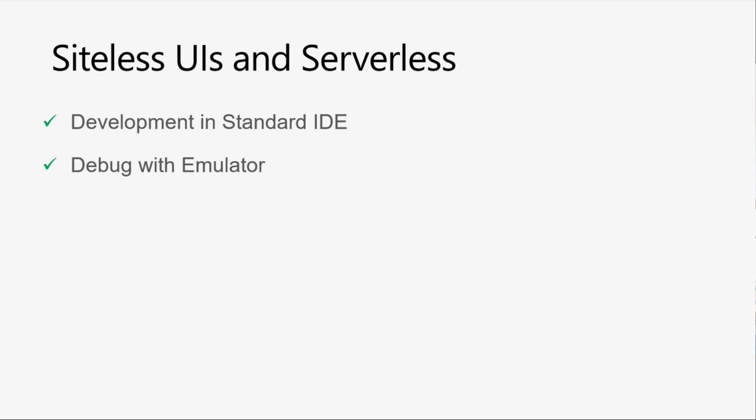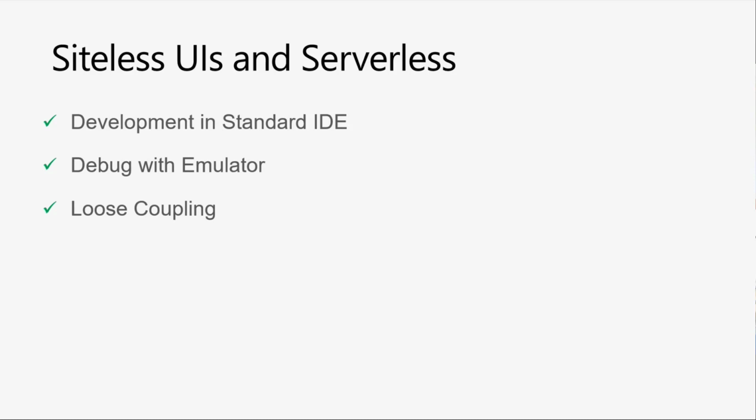If it's local first, we should still be able to debug this thing, right? So we need some kind of emulator. We know that from serverless functions, from Azure Functions, for instance, where we can start an emulator locally, and the same applies here to Siteless UIs. But what we get for this reason is loose coupling. There is no coupling from the provider to our application.